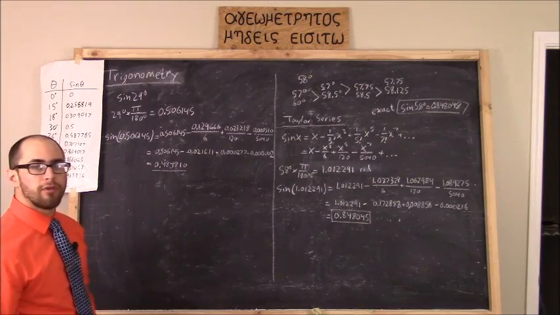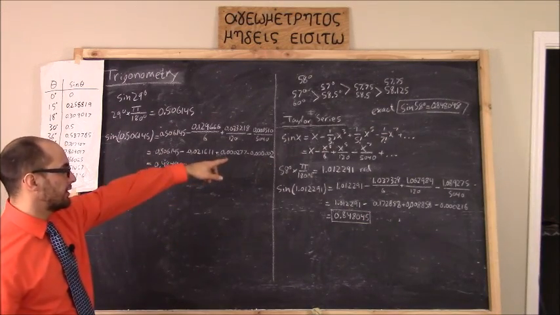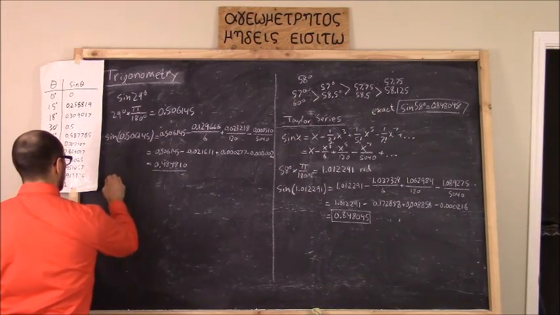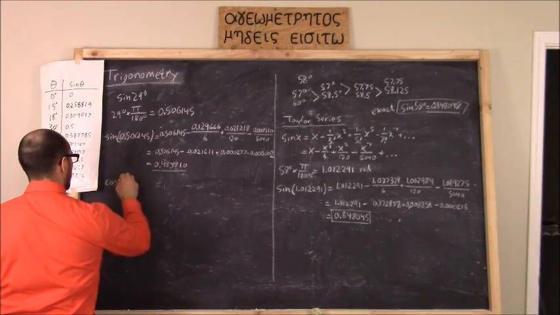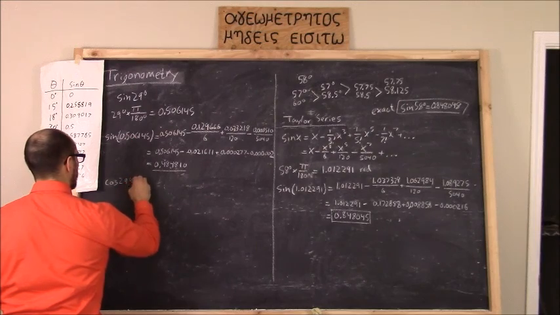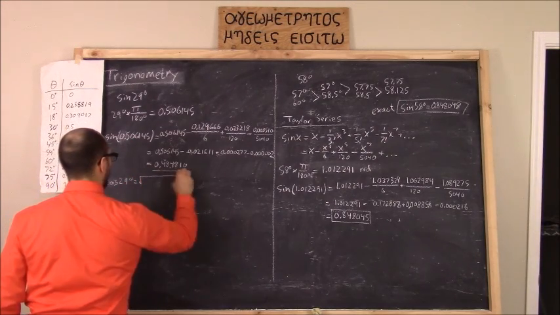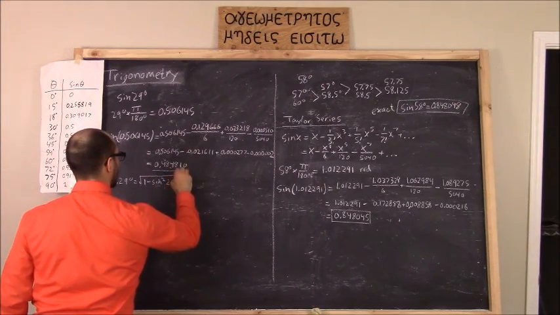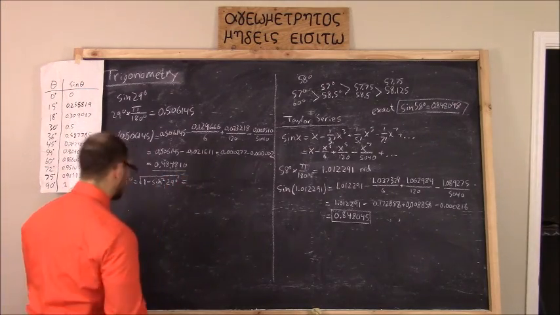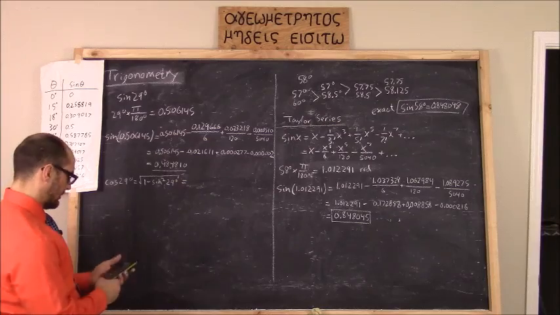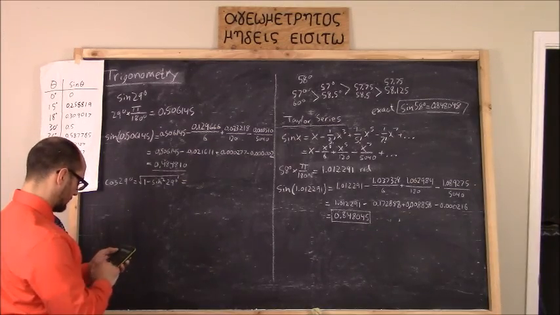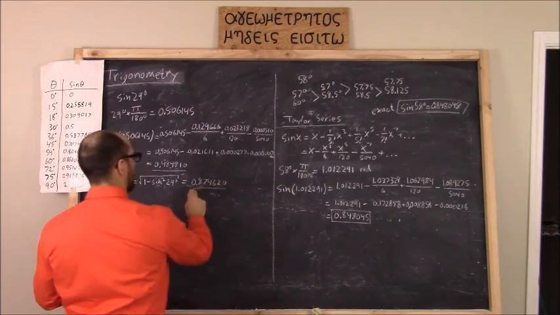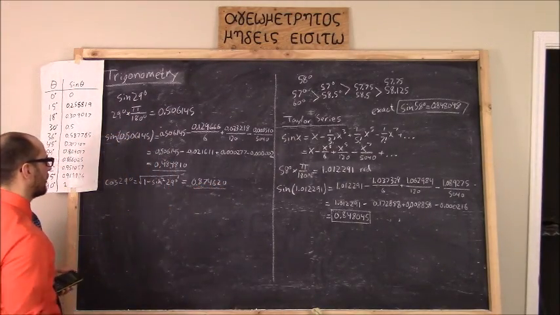Here I have a couple of options. There's a similar series for cosine, or I can use the fact that cosine of 29 degrees is equal to the square root of 1 minus sine squared of 29 degrees. So by plugging that into my calculator, I get 0.874620.